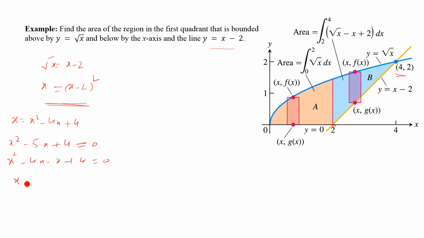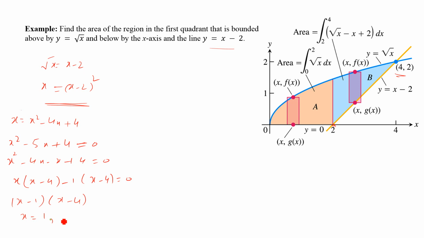Taking x common, we have x minus 4 inside, and minus 1 times (x minus 4) inside, equal to 0. So we have (x minus 1) into (x minus 4).